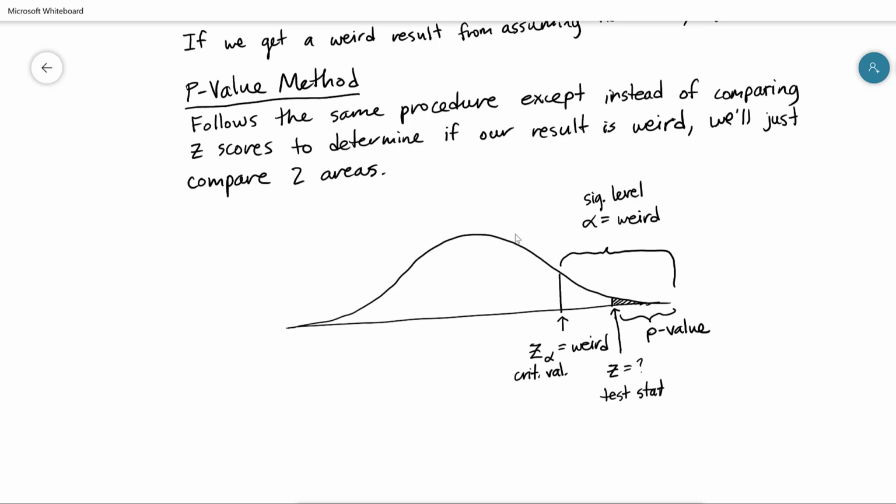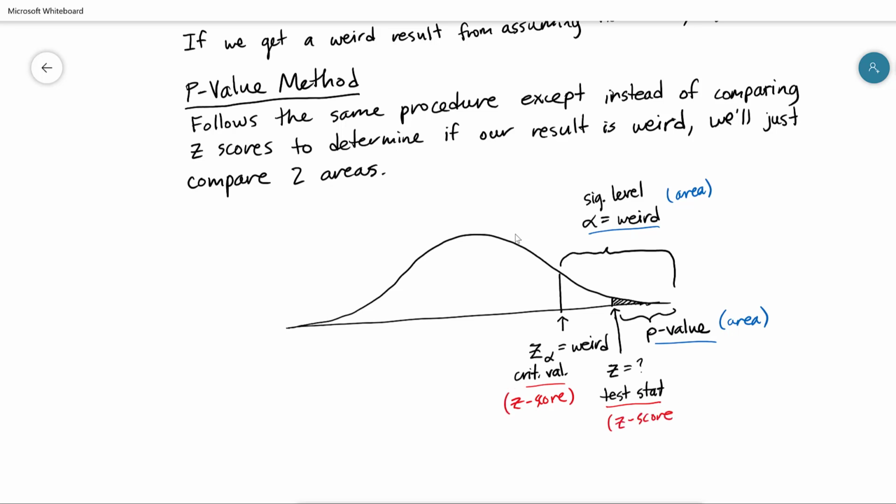So I can either compare this number and this number, the two z-scores, or I can compare this number and this number, the two areas. So this is an area, this is an area, whereas this one is a z-score, and this one is a z-score.